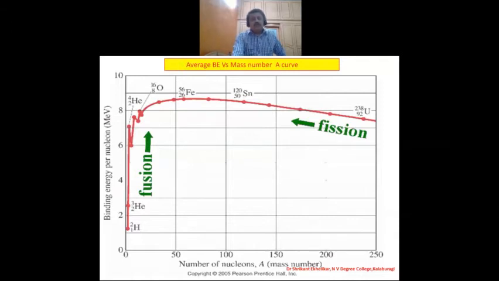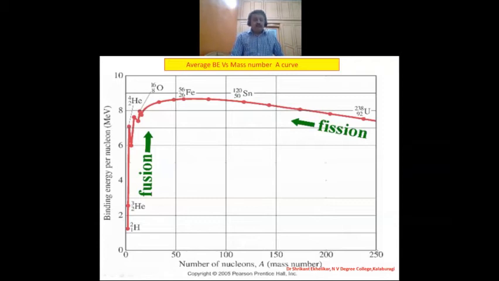So in this curve, which you have already seen, is the average binding energy against mass number. Along the y-axis, we have average binding energy, and along the x-axis, we have mass numbers 0, 50, 100, 150, 200, 250.